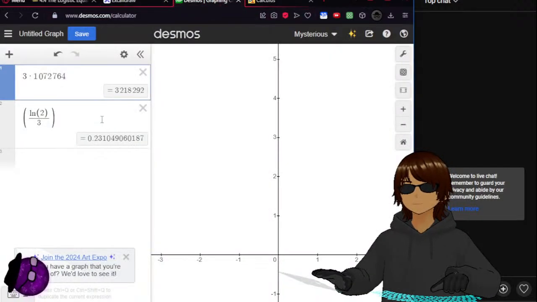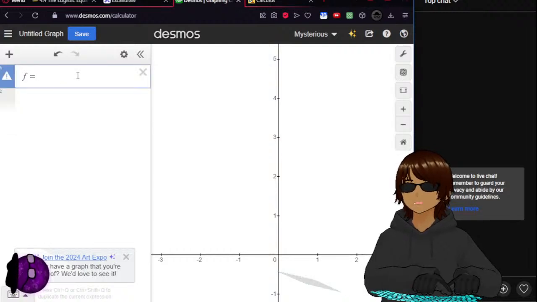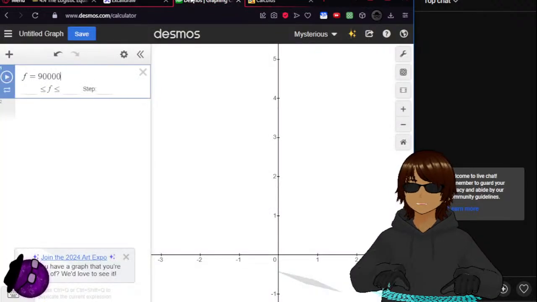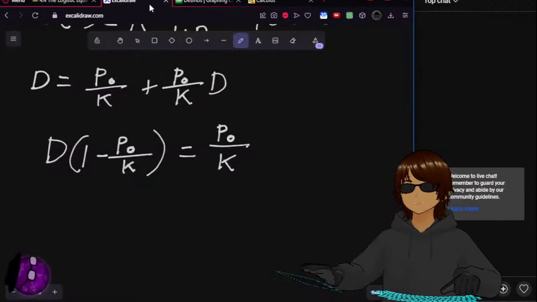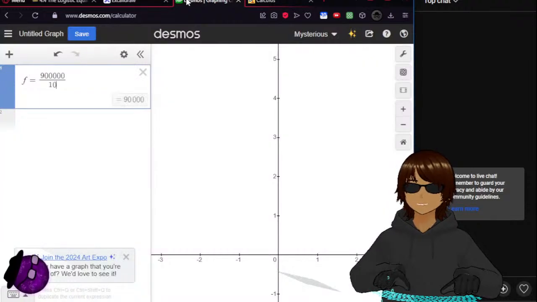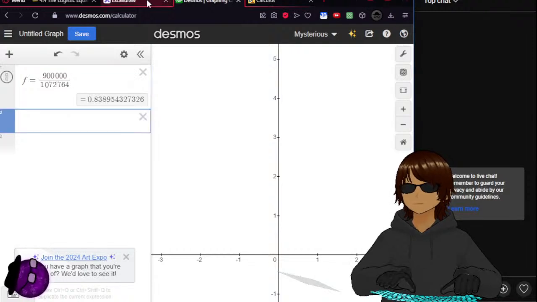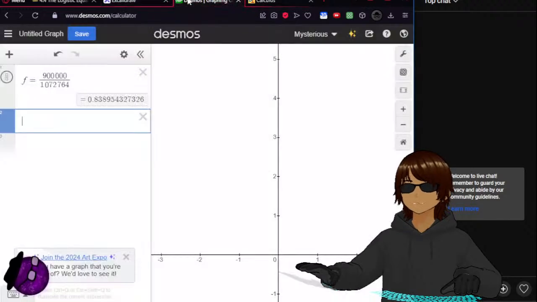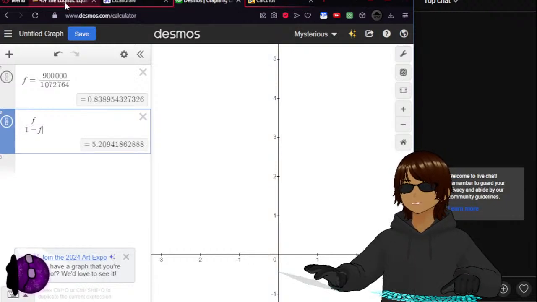So fraction is equal to p0 divided by k, which is this. And now I have to do f over 1 minus f over 1 minus 5.209.